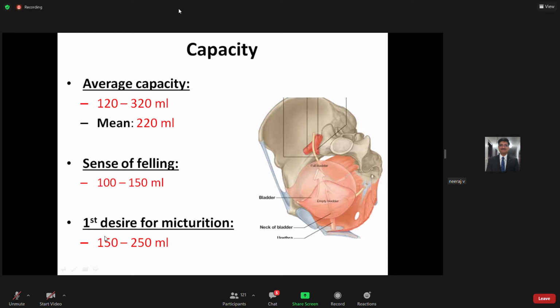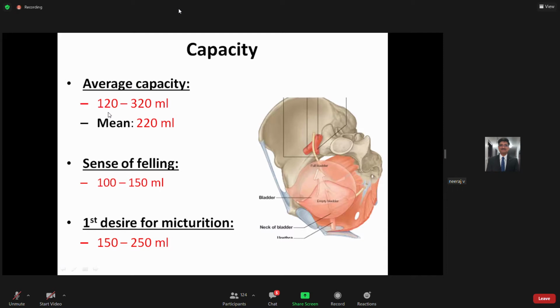And the first desire of micturition will be when the amount of urine crosses 150 ml. So basically, the average capacity is 120 to 320 ml. Different books mention 150 or 100 ml. I have taken these from Gray's Anatomy.